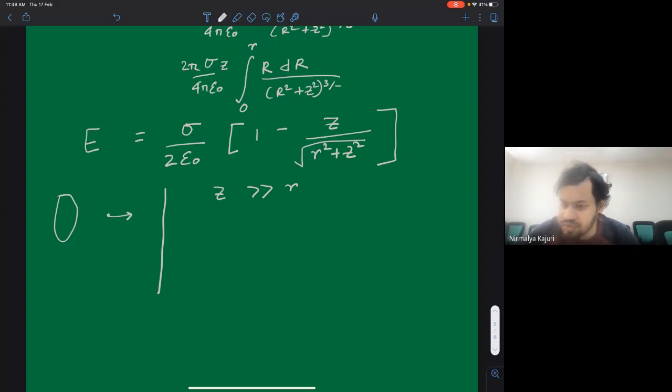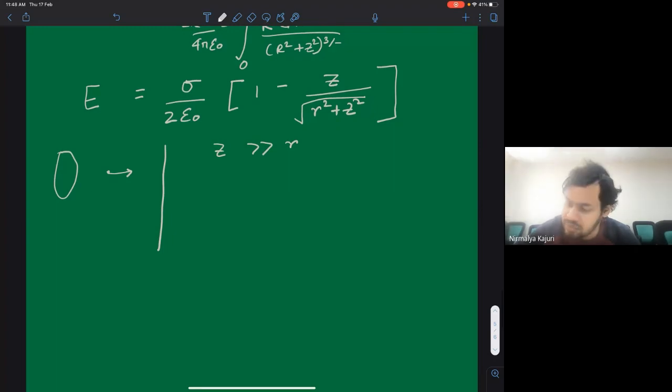Because putting R to 0 like this would just mean that the whole charge is vanishing. You're taking the system to have 0 size, and both the limits of the integration are becoming the same if you take R equal to 0 here naively. So you have to be careful. So how do you do this?